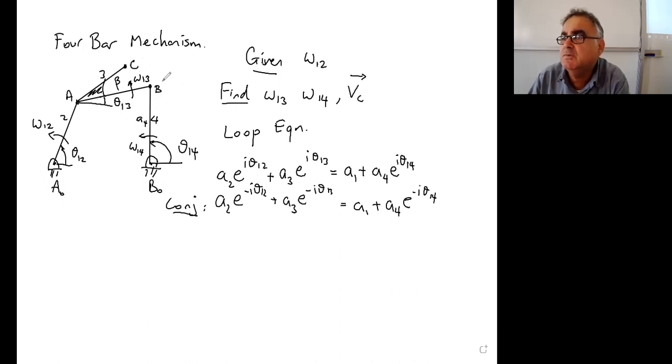VC is the actual linear velocity of a point. Every point inside every link has a velocity, but every link has one single angular velocity. So we take d by dt of the loop equation, and we get the following.